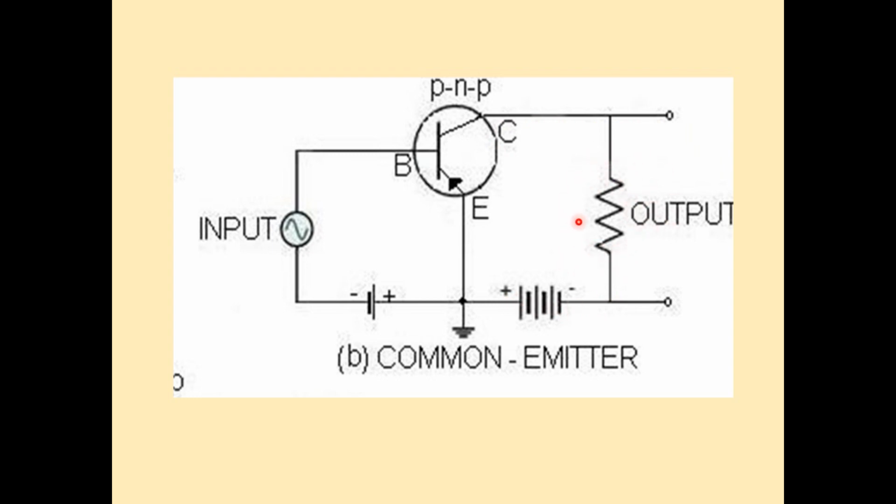Output is measured across collector and emitter, VCE. So in the case of PNP transistor, in CE configuration, common emitter configuration, the diagram looks like this.